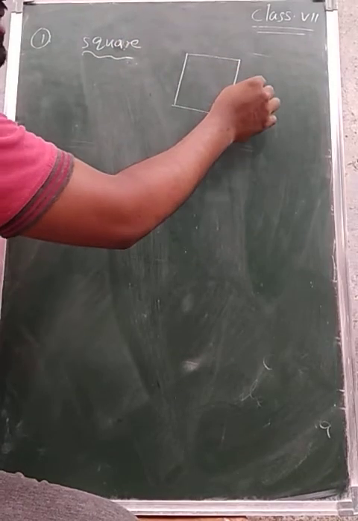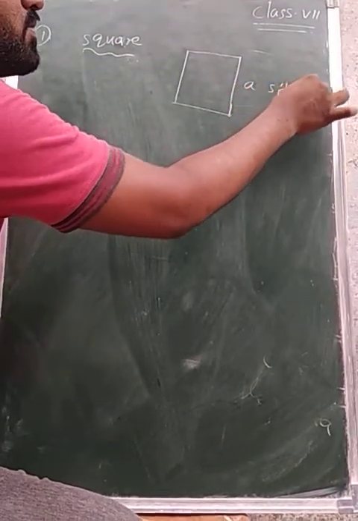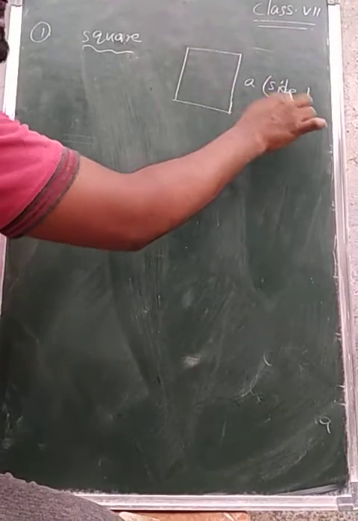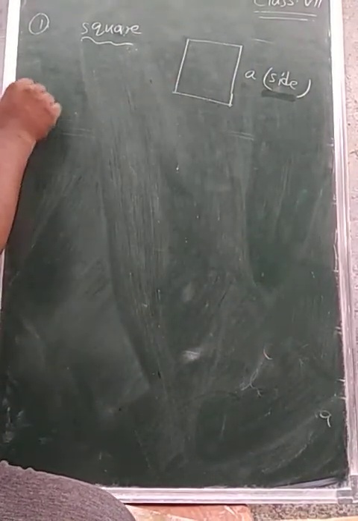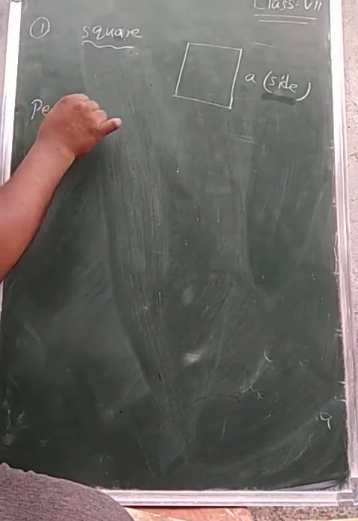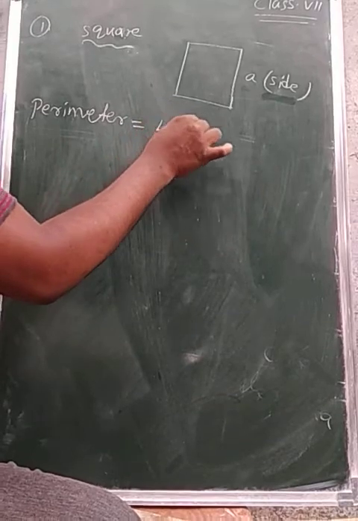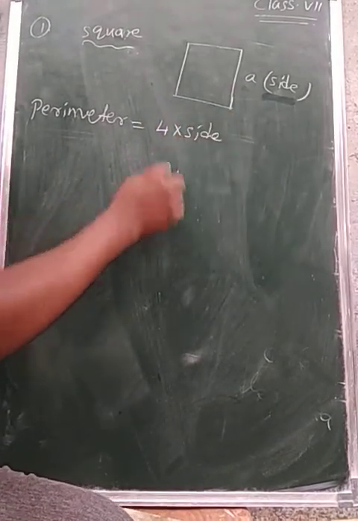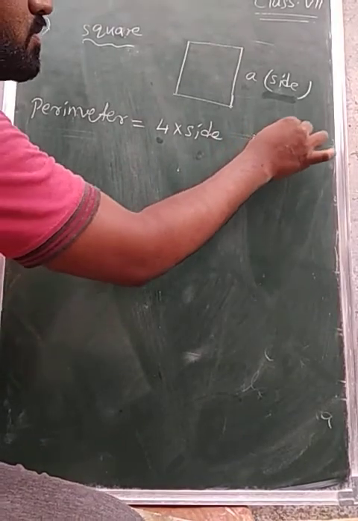The side of a square, you can take a as a side. So what is its perimeter? Perimeter is equal to 4 into side, in units.